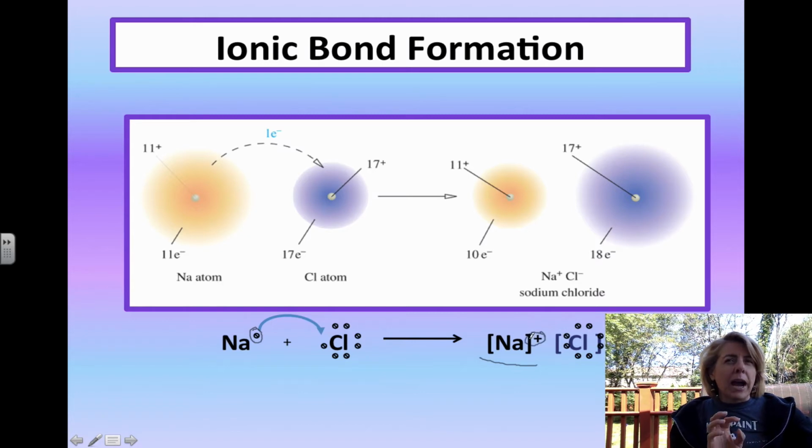It has no more outer electrons, and it assumes a noble gas configuration like the one in the row above it. Then chlorine has 8 electrons, and because it has that additional electron, it has a negative charge.